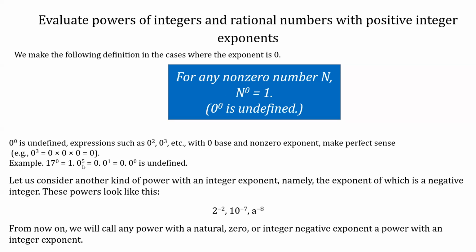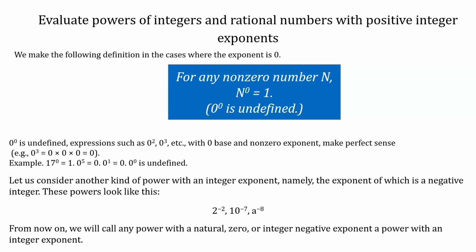0 to the power 5 is equal to 0, it means we multiply 0 by itself 5 times. It's equal to 0, etc. So let us consider another kind of power with an integer exponent, namely the exponent which is a negative integer.